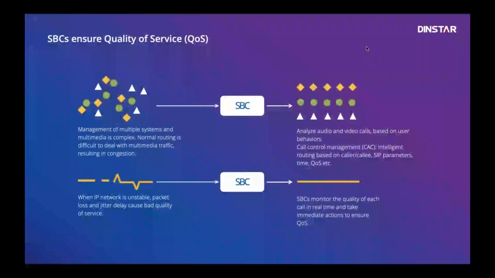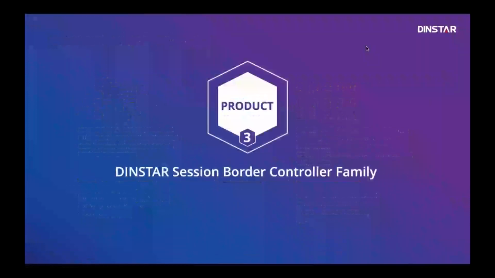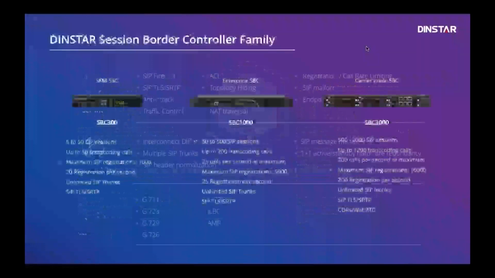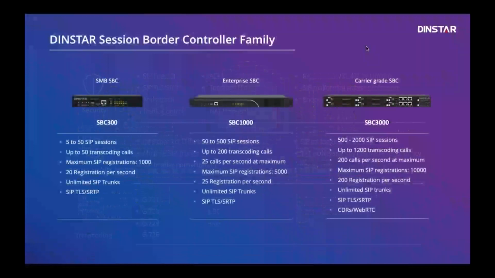Okay, next we will see the DINSTAR session border controller family. Right now, DINSTAR is offering 3 kinds of devices. SBC 300 is for small and medium-sized businesses. It supports 5 to 50 SIP sessions and up to 50 transcoding calls.